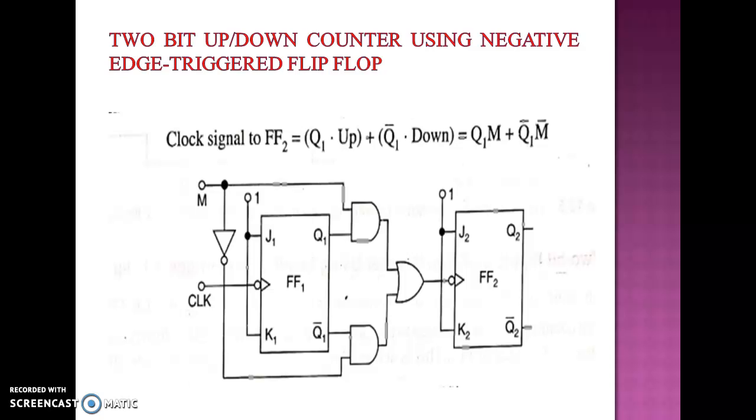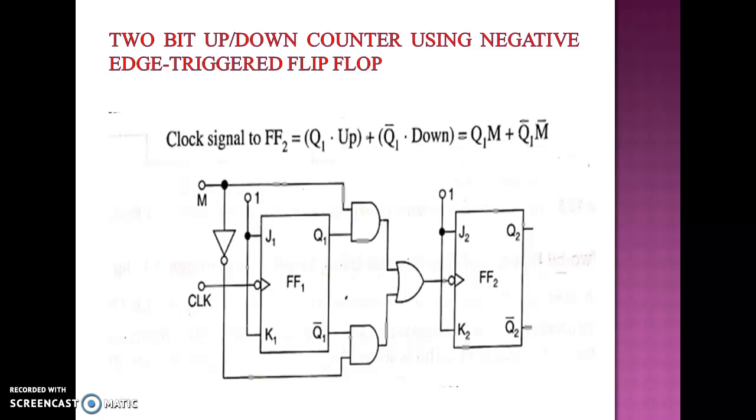So a control signal or mode signal M is required to choose the direction of count. When M equal to 1 for up counting, Q1 is transmitted to clock of flip-flop 2, and when M equal to 0 for down counting, Q1 bar is transmitted to clock of flip-flop 2.